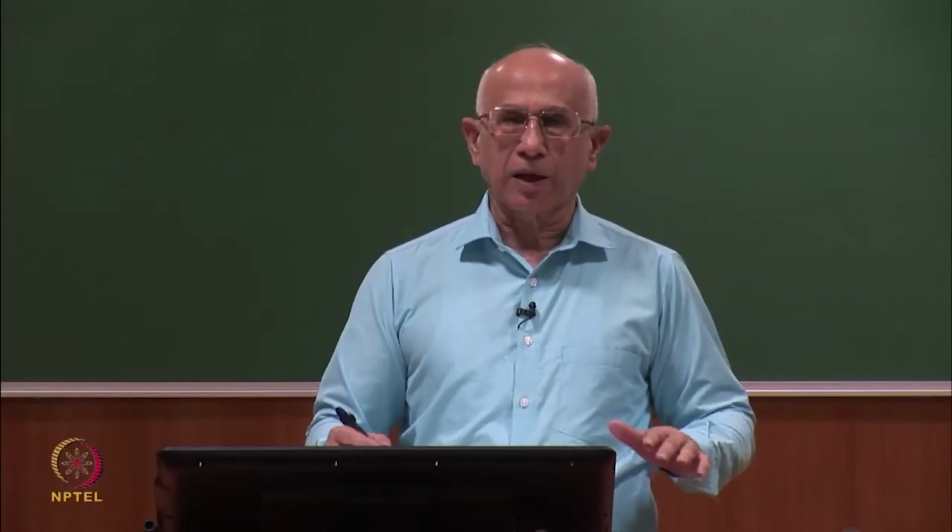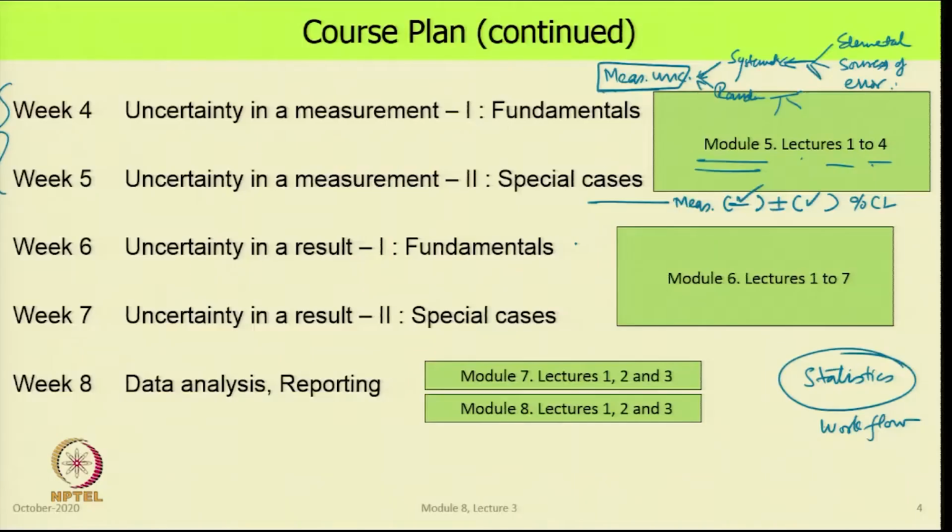The next stage is the calculation part, which is uncertainty of the result, which is weeks 6 and 7, and here we had a series of 7 lectures in module 6, where we looked at the Taylor series method for calculating result uncertainty.